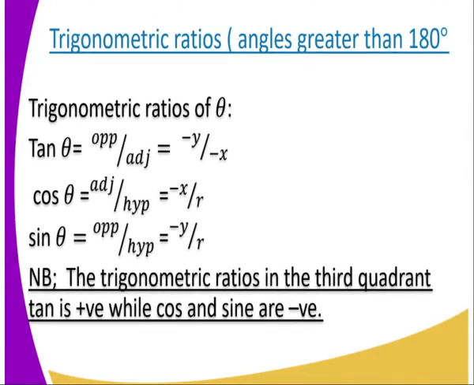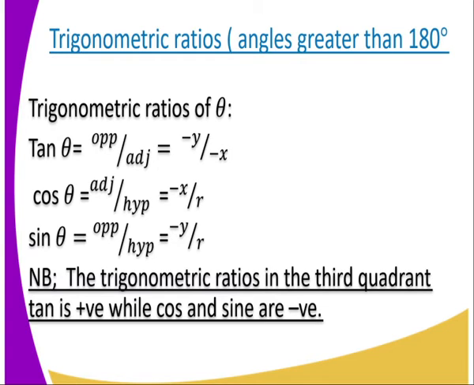We take to the third quadrant. These are the angles that are greater than 180, and that is where we have the theta. So when it comes to finding tan theta, it's opposite over adjacent, which is negative y divided by negative x, and this gives me positive. Then cos theta is adjacent divided by the hypotenuse, which is negative x divided by the radius.